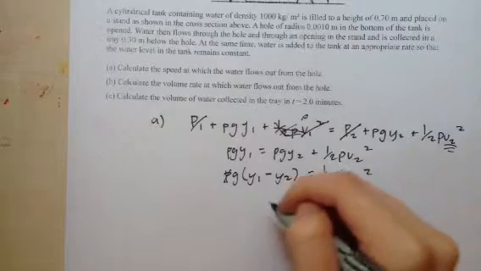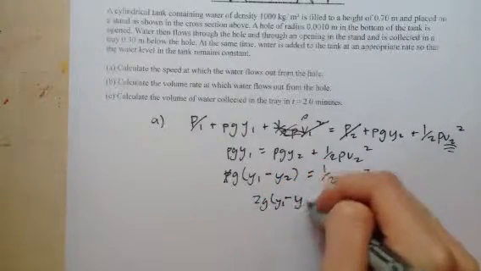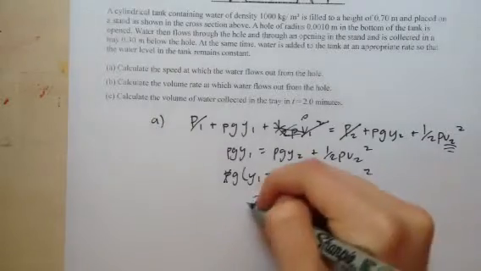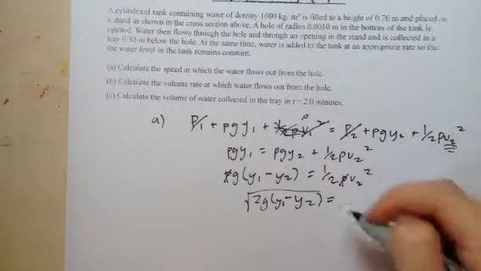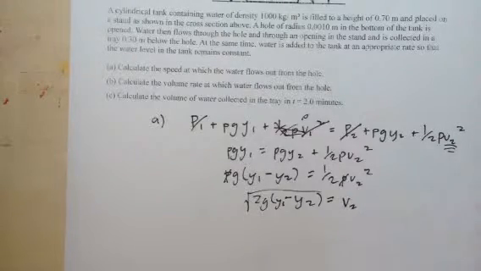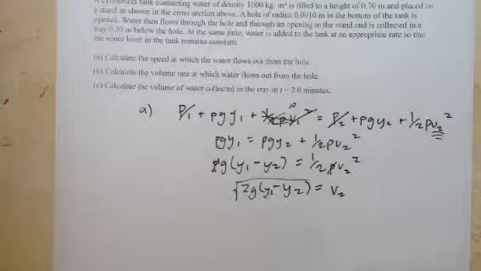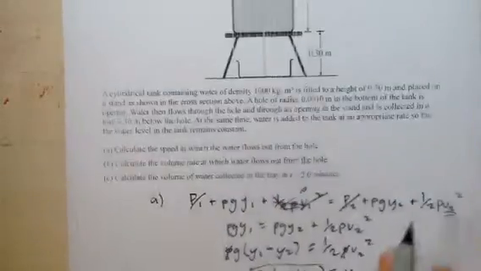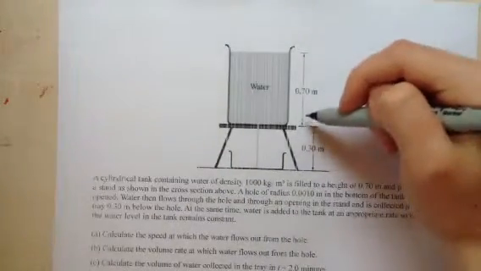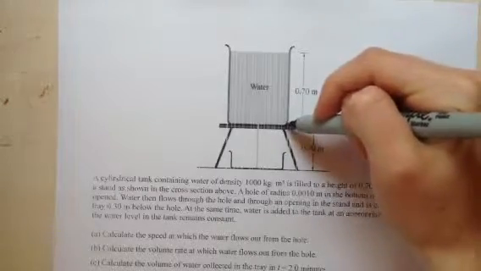and multiply 2 on both sides, y1 minus y2, and I'm also going to square root it to get v. Now there's also one more thing that we need to cancel out, because looking at this, we have to figure out what exactly our y1 and y2 are. y1 is definitely 0.7, because we're going from the bottom to the top.